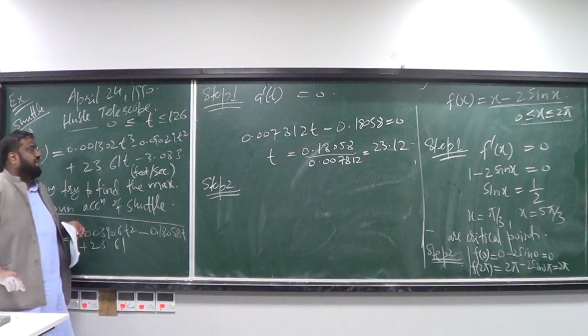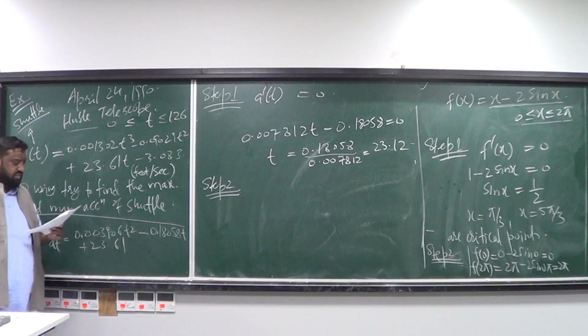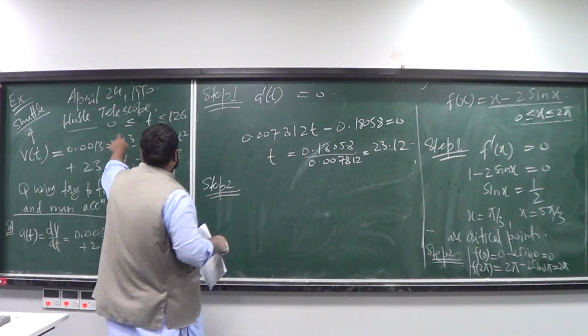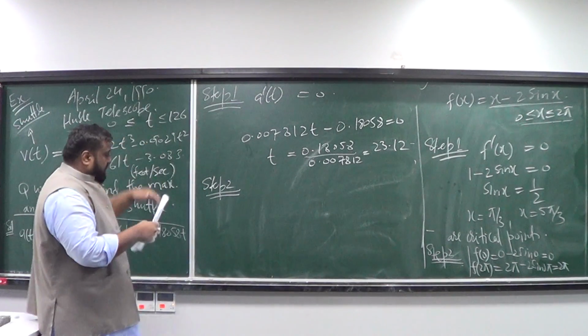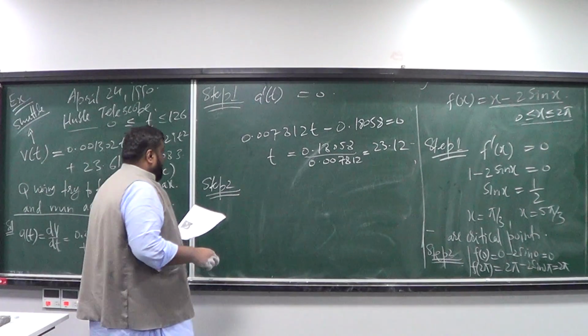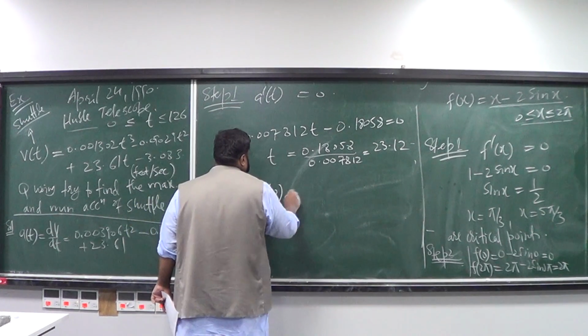So this is the time interval. This is the domain for this function. You can read from the book the explanation for why t is 0 and why t is 126. So what you need to do is compute your acceleration at 0.